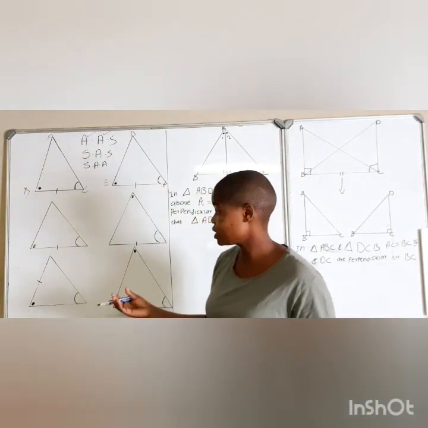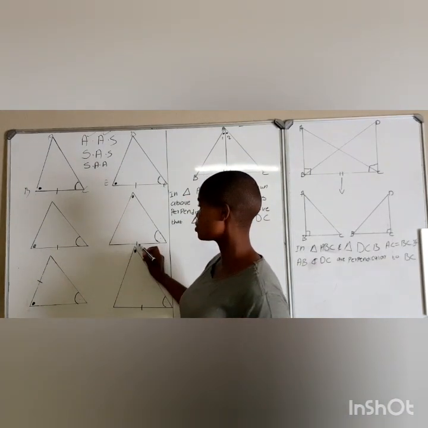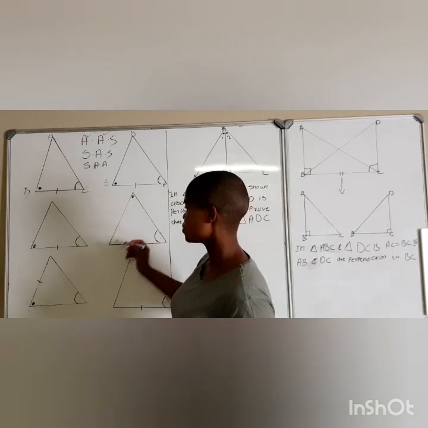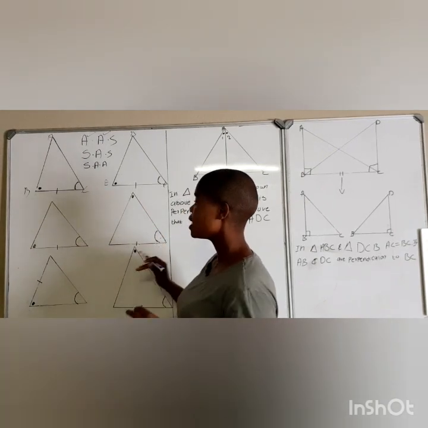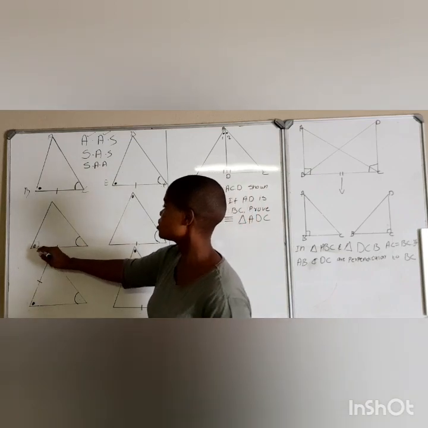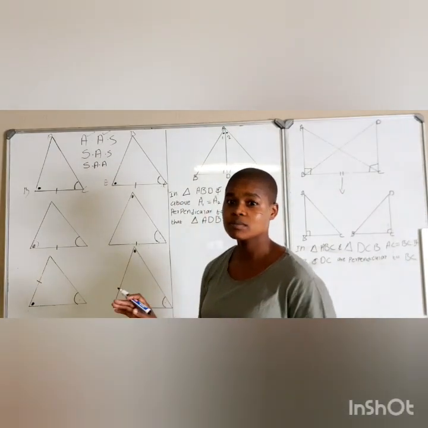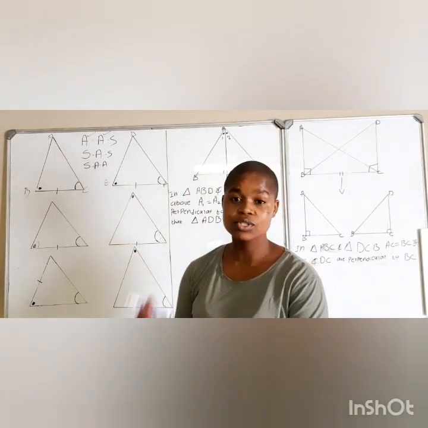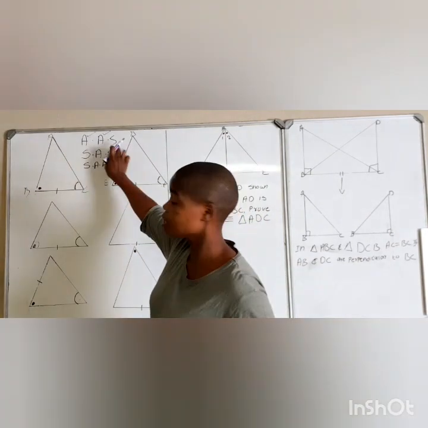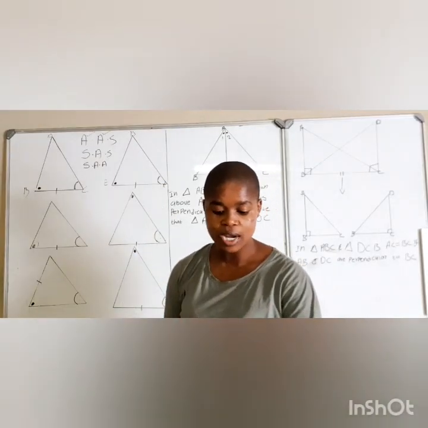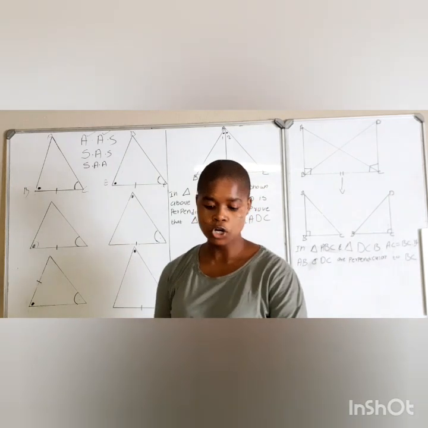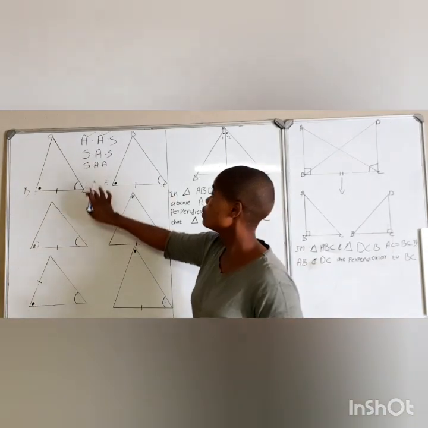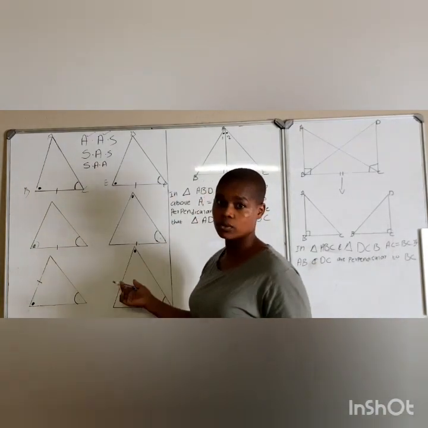The side might be corresponding, but this angle and this angle are not corresponding. For triangles to be congruent, satisfying this condition, it says that two angles and a corresponding side of two triangles are equal. Therefore the triangles will be congruent.